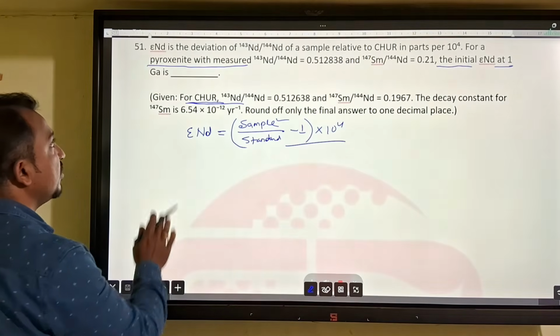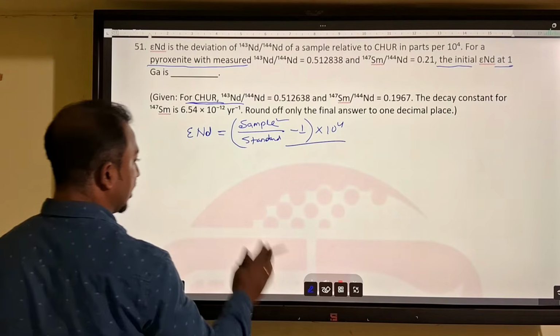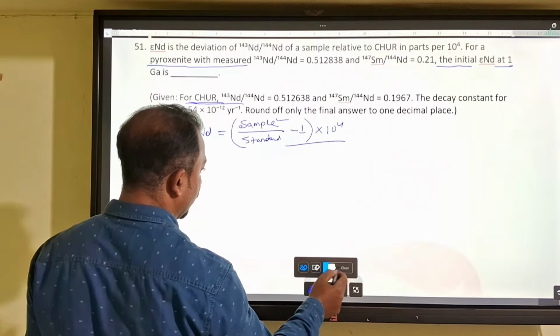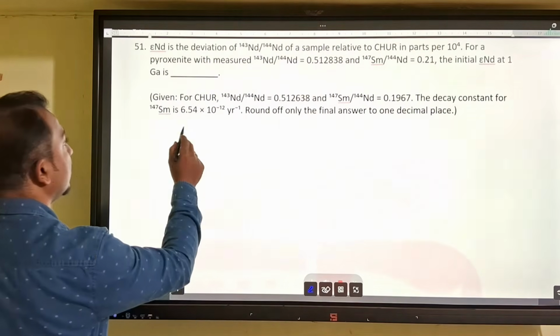For that we have to use another formula, the isochron formula.